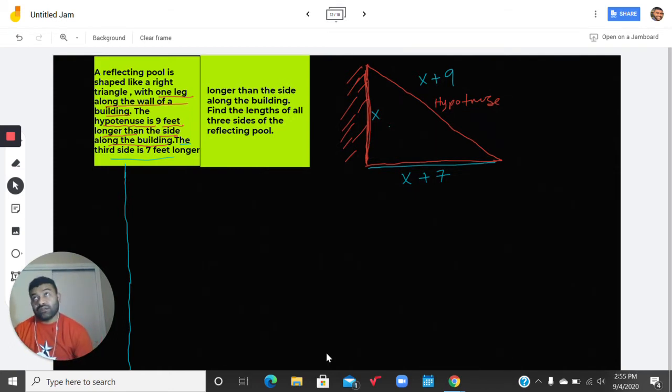Now we know that in order for us to solve a right angle triangle, one of the most common solving processes that we always use, like a formula, is called the Pythagorean theorem. The Pythagorean theorem: c squared equals a squared plus b squared. Now we're going to use that to solve this. So what is my c?